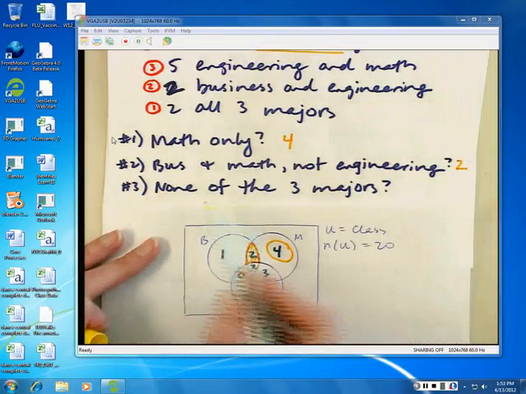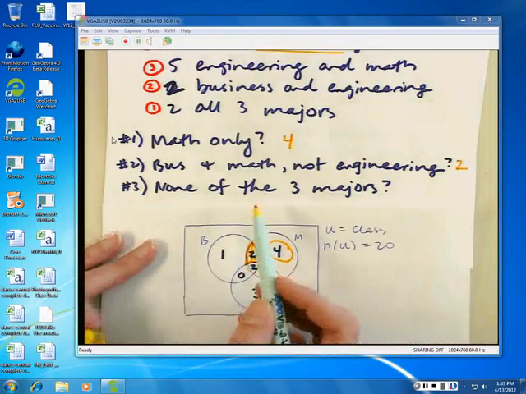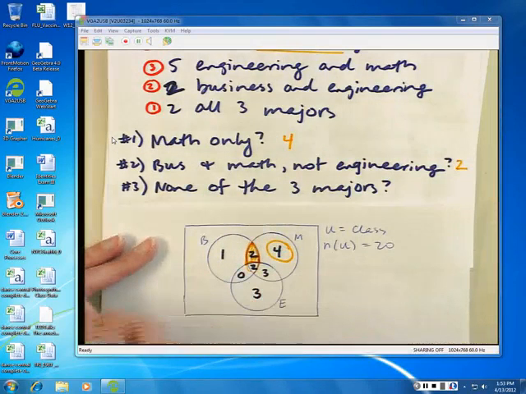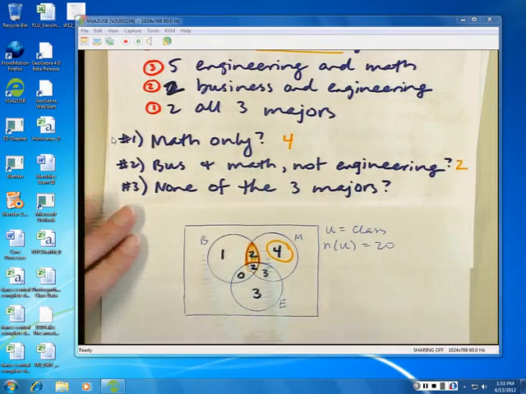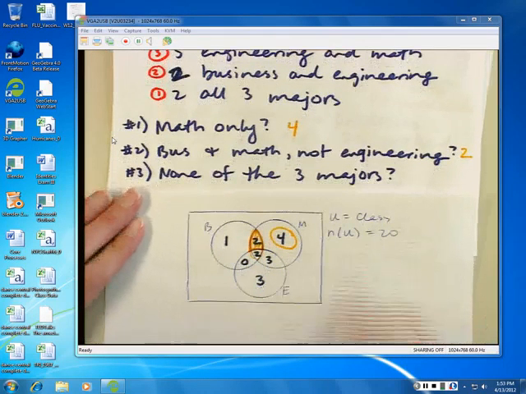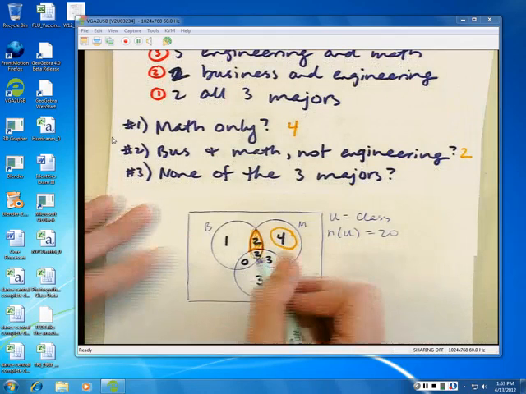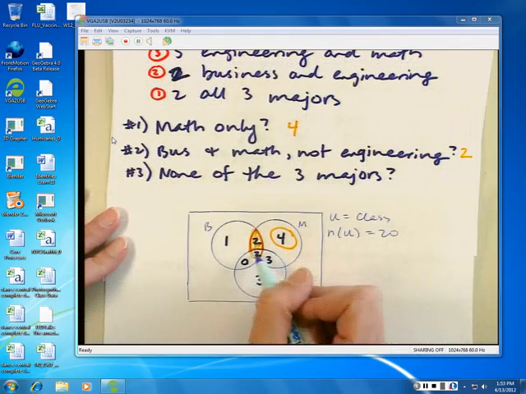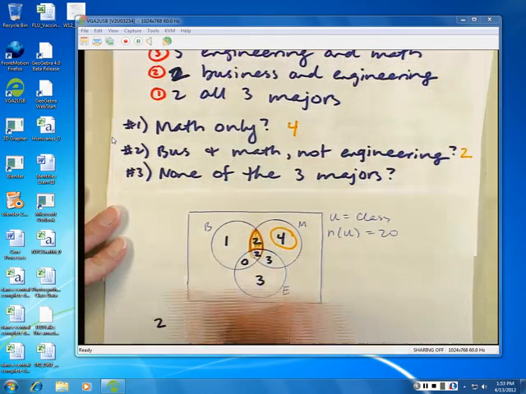How many are in none of these 3 majors? Remember I said there could be an English major or an art major. To figure that out, I need to add up all of the cardinalities that I see and decide how many I've accounted for out of my 20. So in those Venn diagrams, let's go inner and then work our way out. I have 2 on the inside.